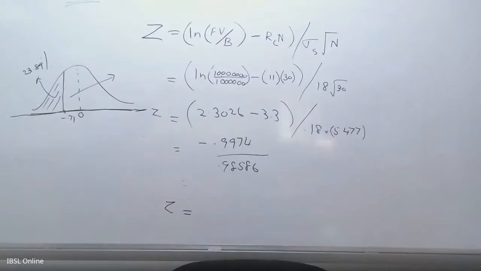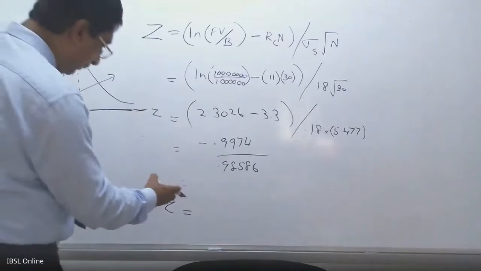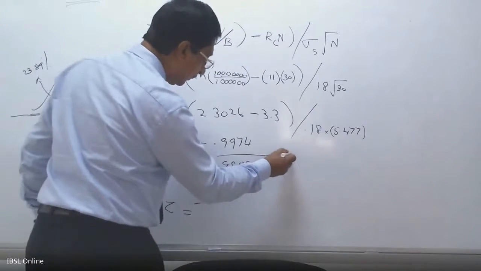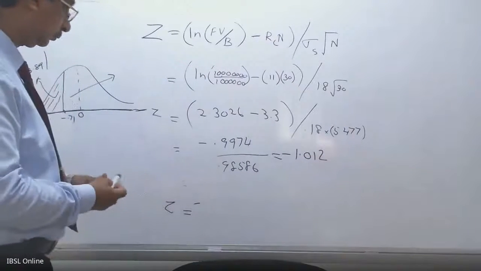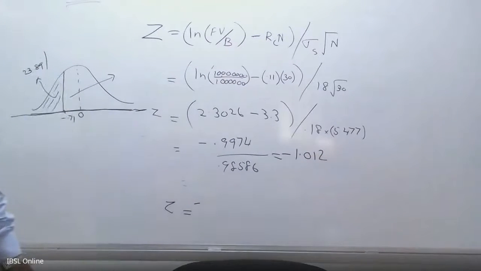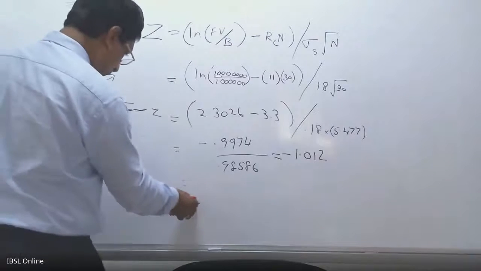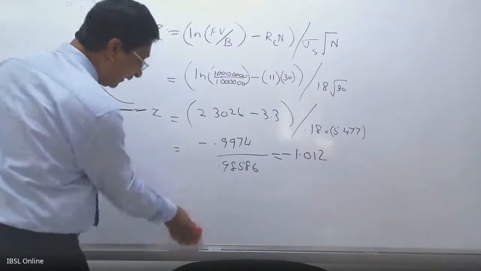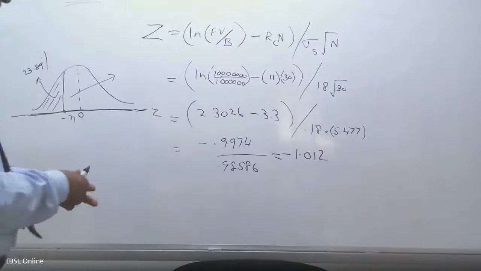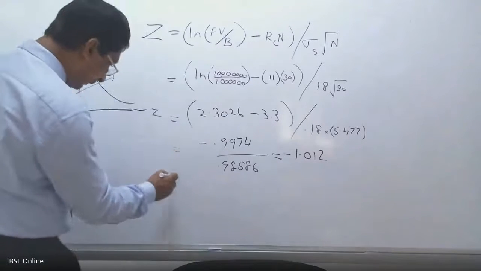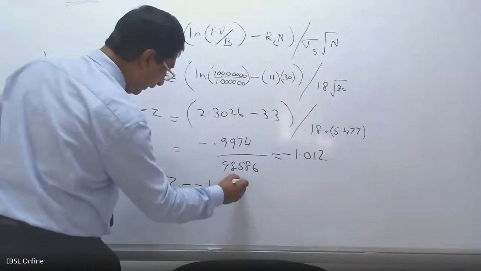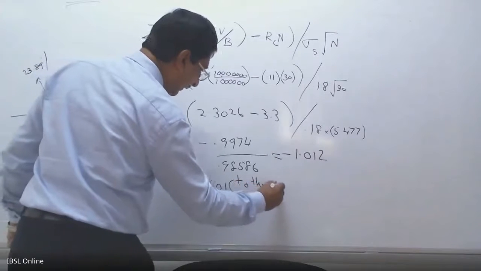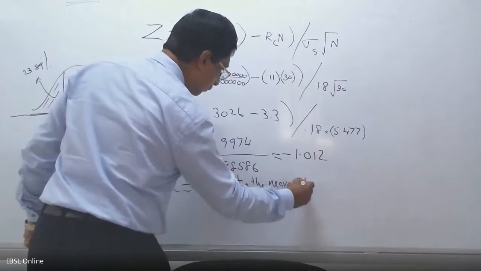You get the answer minus 1.012. So therefore, you can say Z is equal to, if I get to the nearest two decimals, minus 1.01.